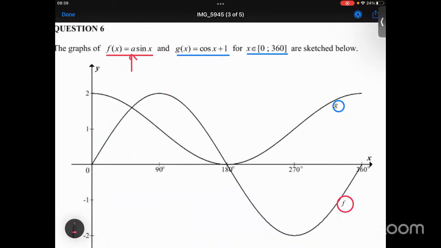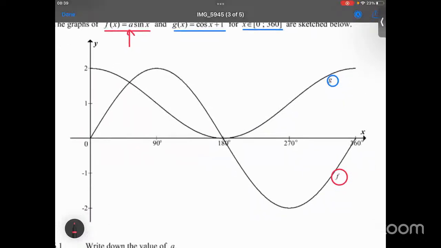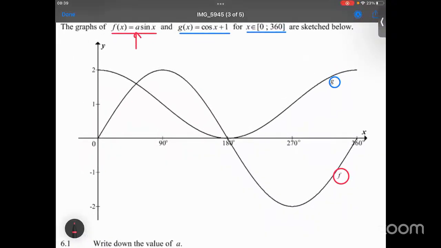So you concentrate on the graph for f of x, and that is exactly where you will find your a value. What did I say about the a value? I'm sure you remember the formula by now, where a has to be half of the sum of the maximum value and the minimum value.